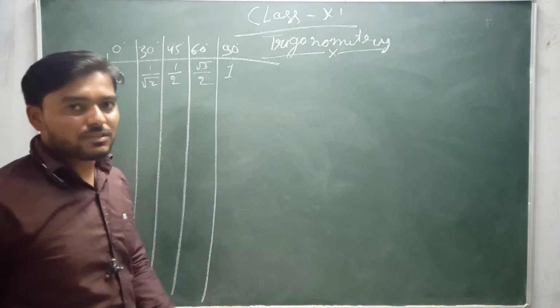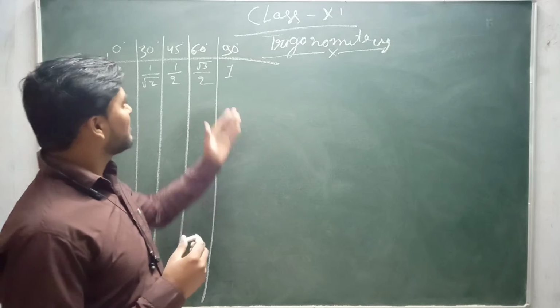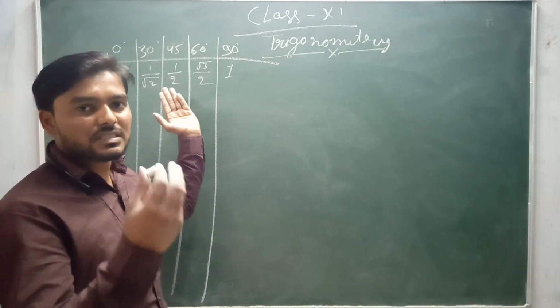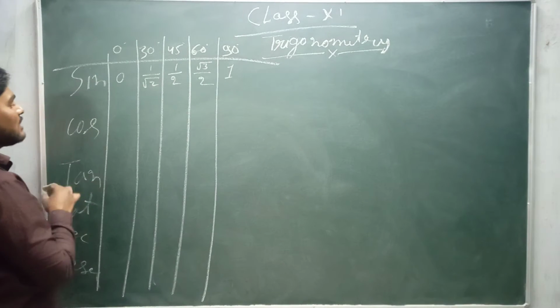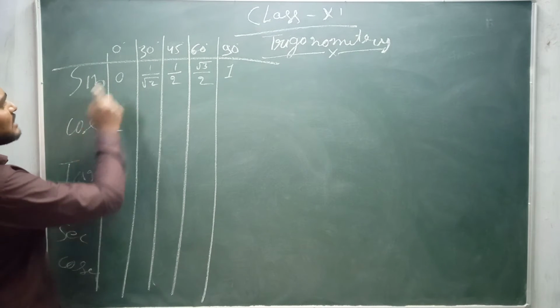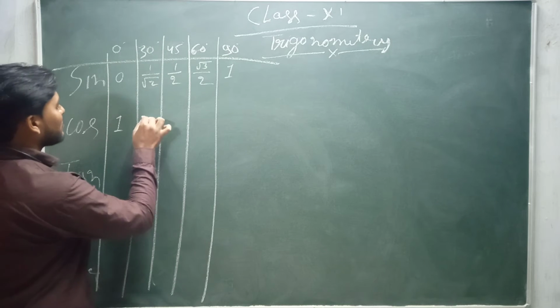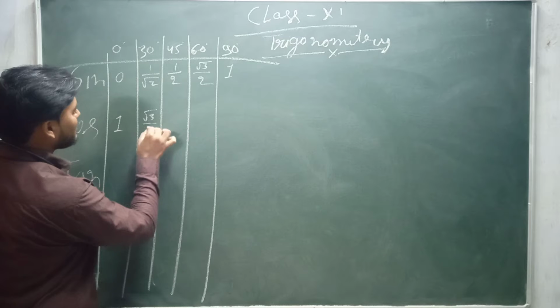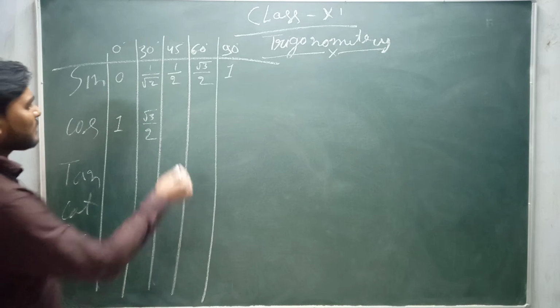For cos values, we just reverse these sin values. Cos 0 is the sin 90 value, equal to 1. Cos 30 equals sin 60, that is root 3 by 2. Cos 45, both are the same.